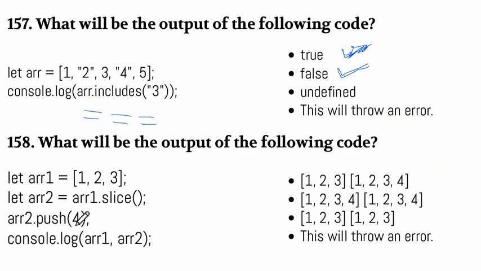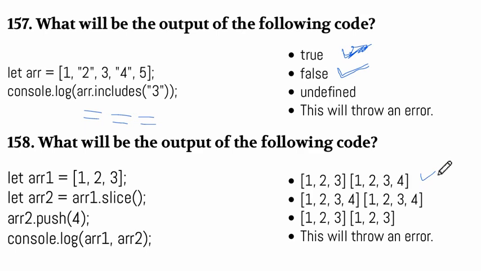And array2 dot push 4. We have discussed the dot push method. Dot push is used to add a value at the end of the array. Inside the console.log we are going to put both array1 and array2.